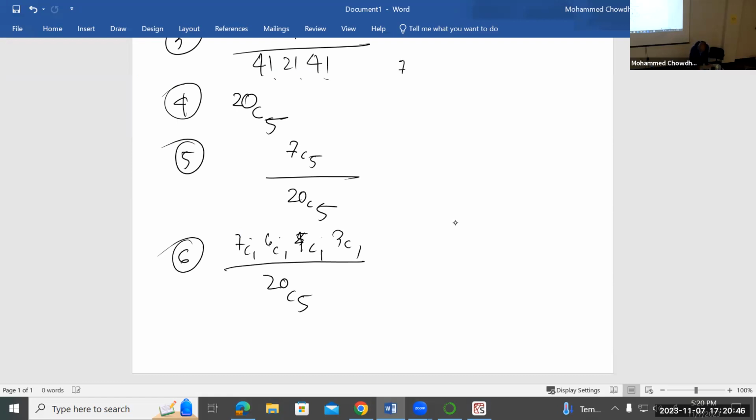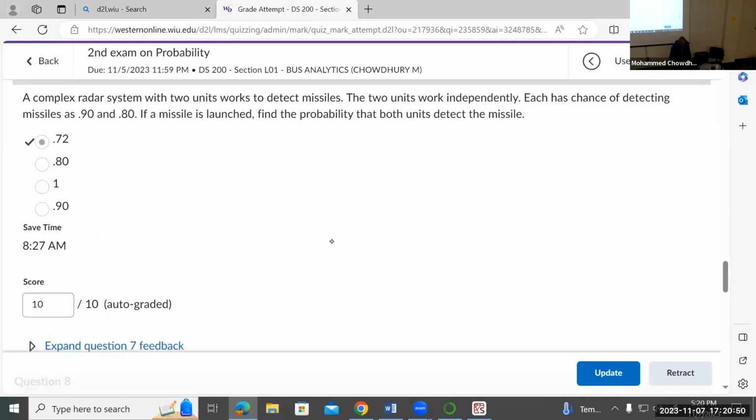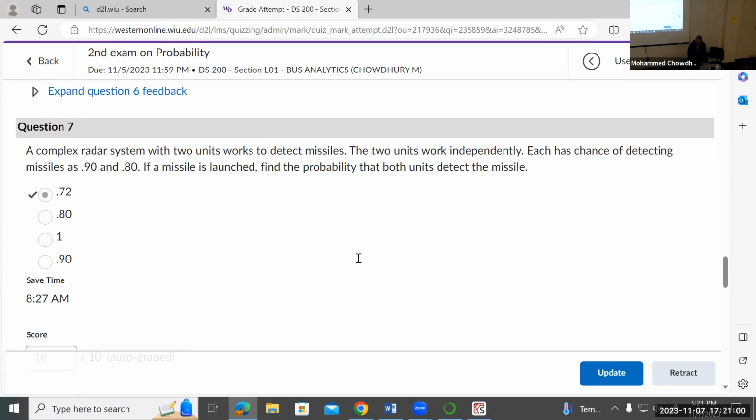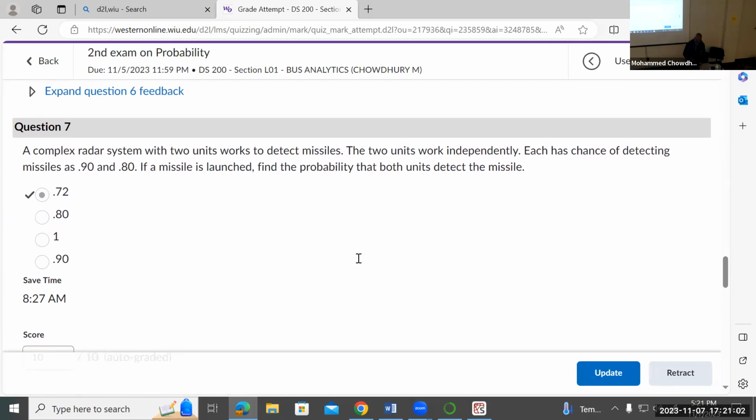Number 7. A complex radar system has 2 units that work to detect missiles. The 2 units work independently. Are you seeing the word independently? That is multiplication, right? Each has a chance of detecting missiles. If a missile is launched, find the probability that both units detect the missile. So that means they are independent.